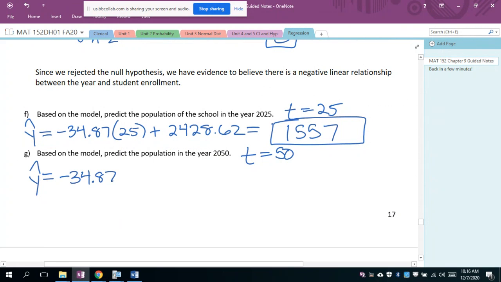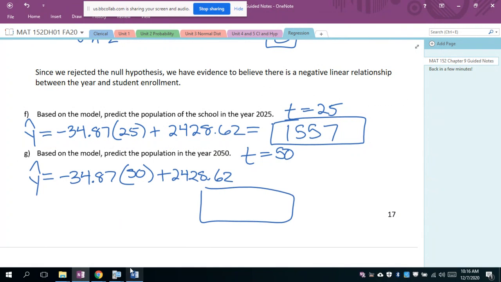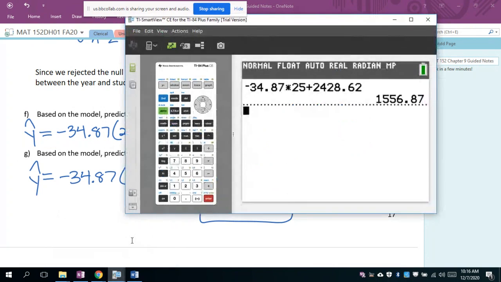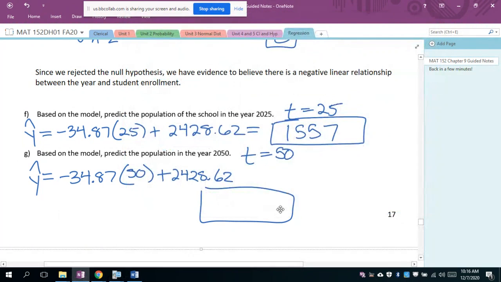And if we do the same thing here for 2050, let's see how many students that's going to give us a prediction of. Yeah, we're down to 685 students at that point.